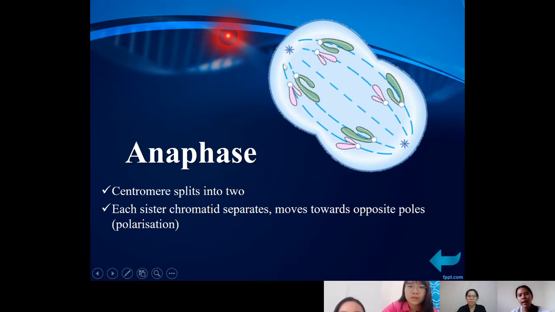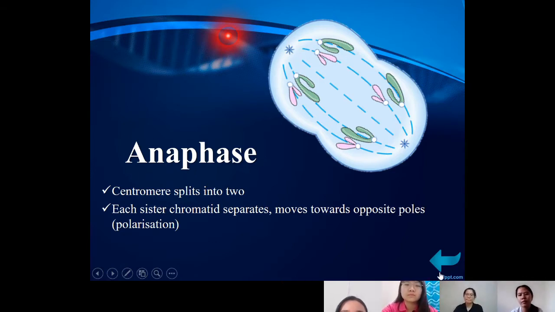One set moves to the right, another set moves to the left, like this. There are 2 poles here, and this process we know as polarization, where 2 sets of chromosomes or sister chromatids move away from each other. So anaphase is the phase where the sister chromatids separate.